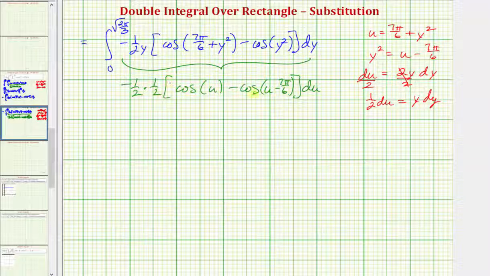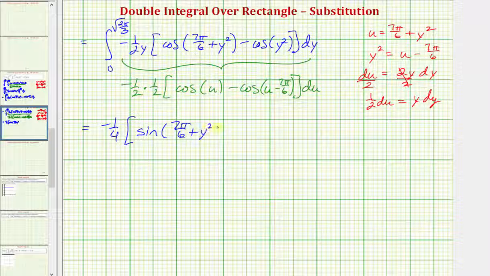So notice how the antiderivative with respect to u would be equal to negative 1/4 sine u minus sine of the quantity u minus 7 pi divided by 6, which means with respect to y, the antiderivative is going to be negative 1/4 times, again we'll have sine u, which is really sine of 7 pi divided by 6 plus y squared, minus, and then the sine of the quantity u minus 7 pi divided by 6 would really just be sine of y squared.